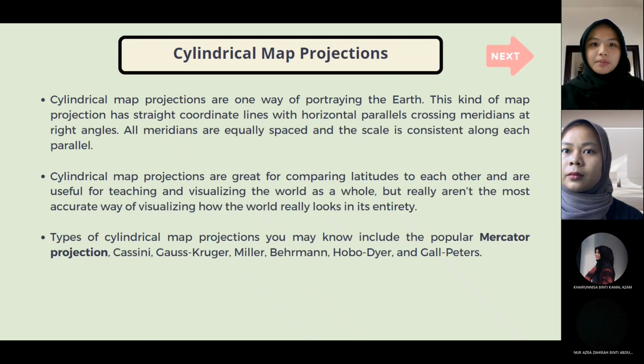Cylindrical map projections are one way of portraying the Earth. This kind of map projection has straight coordinate lines with the horizontal parallels crossing meridians at right angles. All meridians are equally spaced and the scale is inconsistent along each parallel.